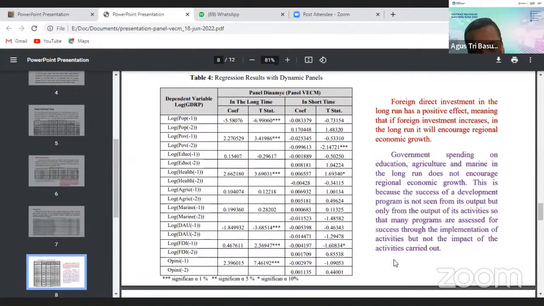But the parameter in the short term is negative, minus 1.9%. For example, if you see Papua, Papua has Freeport, but Freeport is a foreign direct investment from the USA.